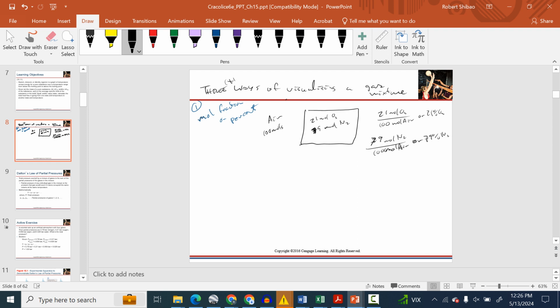So nitrogen's a little lighter. And since oxygen is heavier, it's more like 23% oxygen. It's heavier, so the greater percentage of the mass will be oxygen. This doesn't change with temperature and pressure. It's always valid.